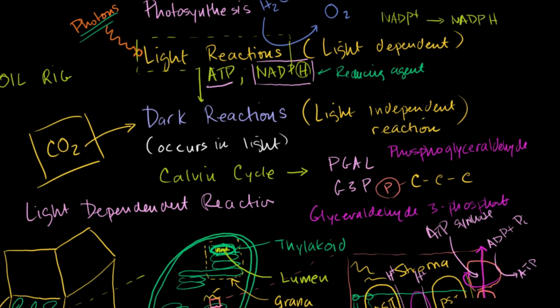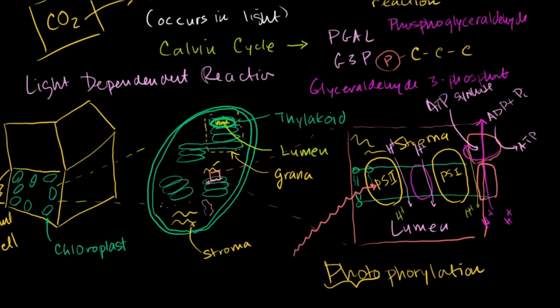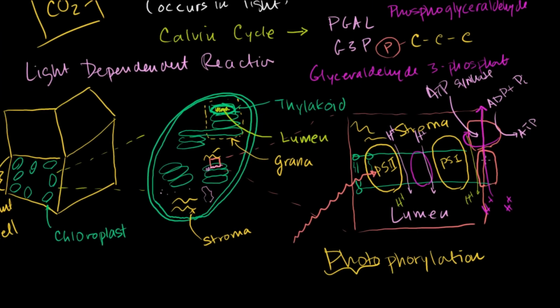Well, if we're talking about non-cyclic light reactions, after that electron keeps entering lower and lower energy states, the final electron acceptor is NADP+. Once it accepts the electrons and a hydrogen proton with it, it becomes NADPH.